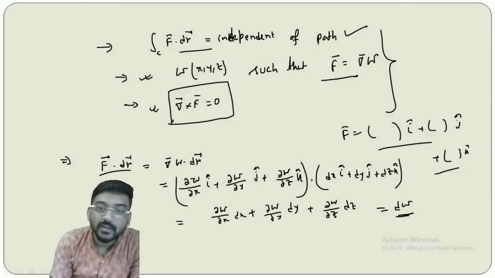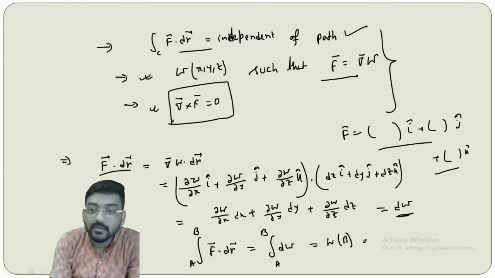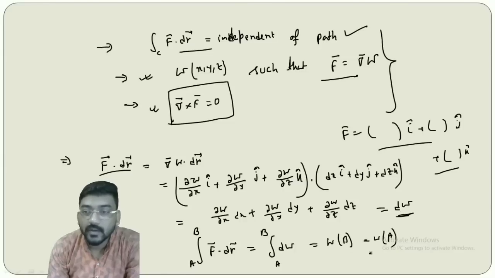So if we integrate f dot dr from an initial point to a final point, say a to b, that implies the integral of dw from a to b, so it will be w at the point b minus w at the point a.